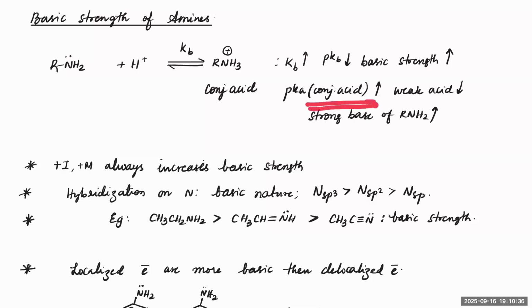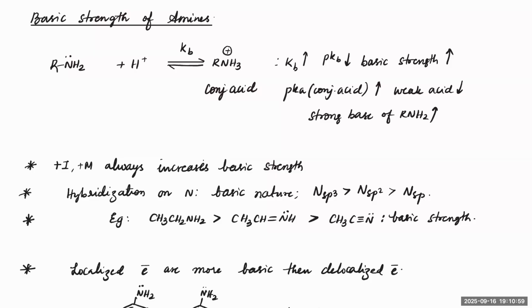The pKa of the conjugate acid is more, which means it is a weak acid, which means it is stable. That also means it is a strong base. So your entire focus should be on stabilizing the conjugate acid, or any factor that stabilizes the conjugate acid will increase the basic character of the amine.